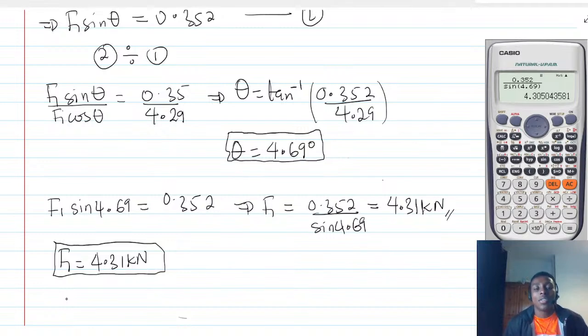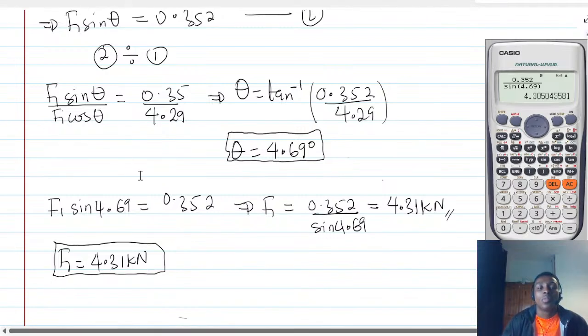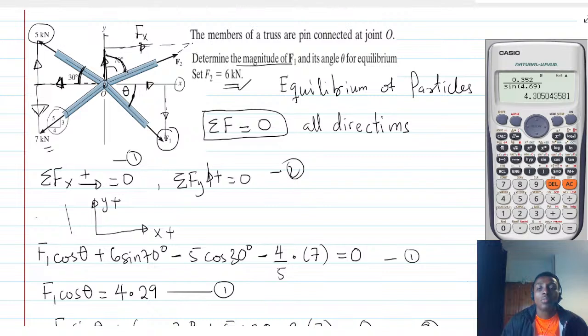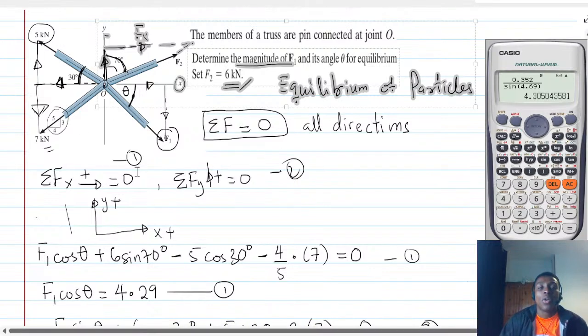So the force we know, and then the angle too we know. So this is how you solve a question like this.